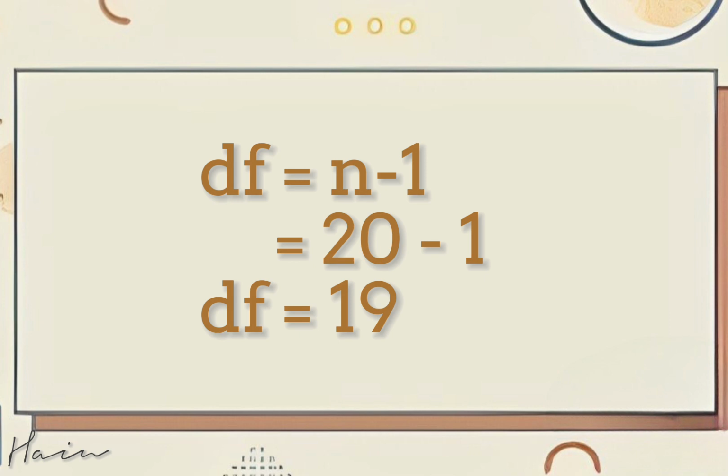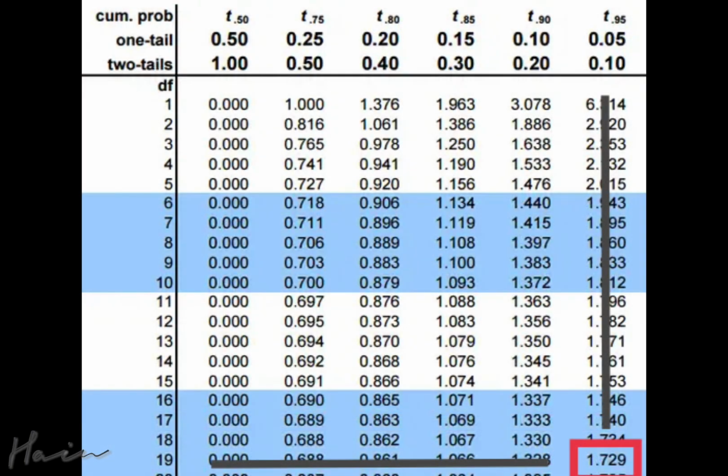But first, we need to solve the degree of freedom, which is n minus 1. Our sample size or n is 20, so 20 minus 1 is 19. So ang degree of freedom natin ay 19.